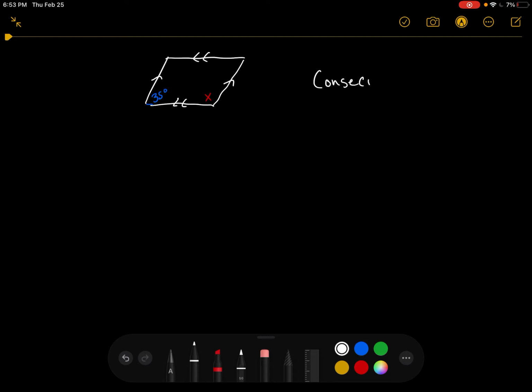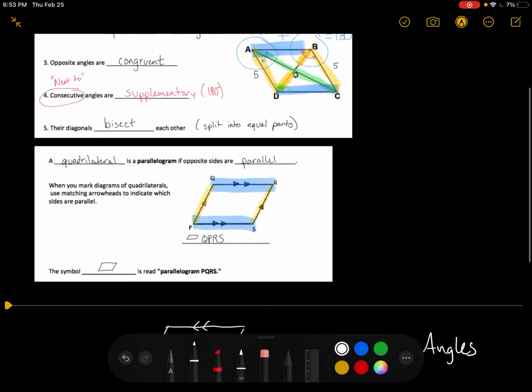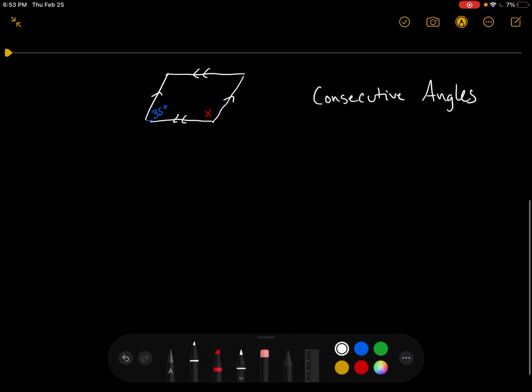I can't spell consecutive, my goodness. So we have our consecutive angles here. And what we can do with these now is do our part plus part equals whole. So part, and whole. So if we go back to our definition, we know that consecutive angles add up to 180 degrees.